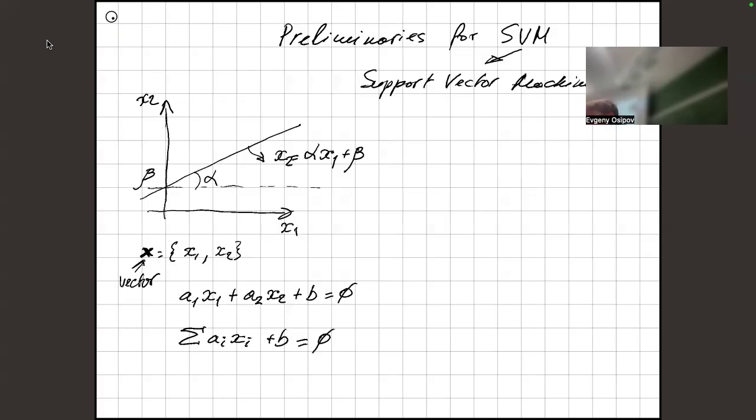So that's our plane. Or the same thing, and that's what we will do later on, you can write in vector form. So you have a vector A, bold A, multiplied by vector X plus B. So that's the vector form.